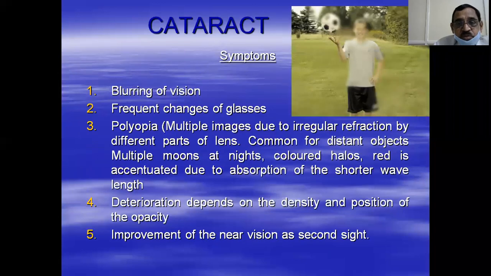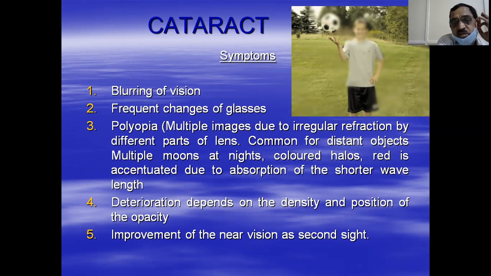So the symptoms of cataract. Usually the patients come for blurring of vision, a gradual progressive loss of vision. Whenever a patient presents with gradual progressive loss of vision, we have to keep in mind certain conditions which cause this.